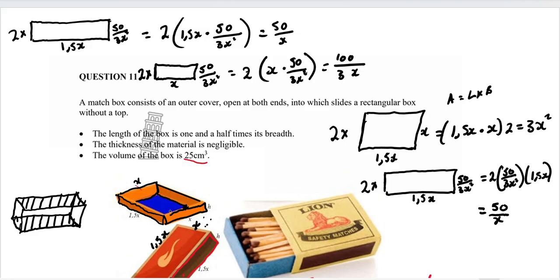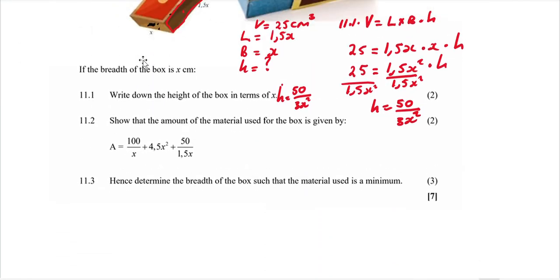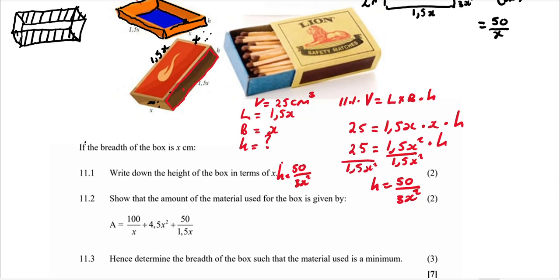We are left with the base. There is a blue shaded part, and we know that in our blue shaded part we have 1,5x, and then here is our x, our breadth, because the shaded part.